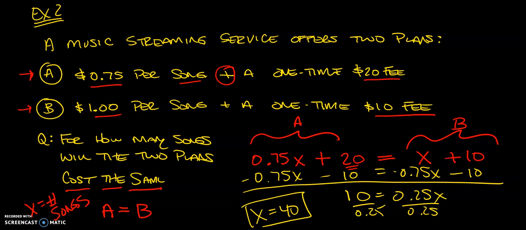You could also rewrite this as one fourth x equals 10 and multiply both sides by 4, and you still get x equals 40. You can check x equals 40 by plugging it back into the original equation and you will get 50 equals 50. This is the correct answer. So after 40 songs, if I were to order Plan A and you subscribe to Plan B, after we order 40 songs, we've spent the same amount of money.